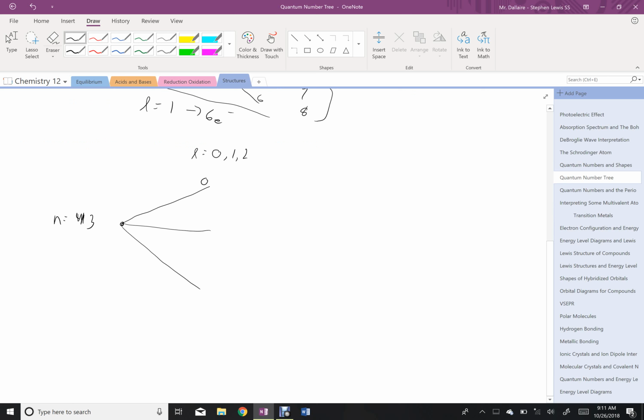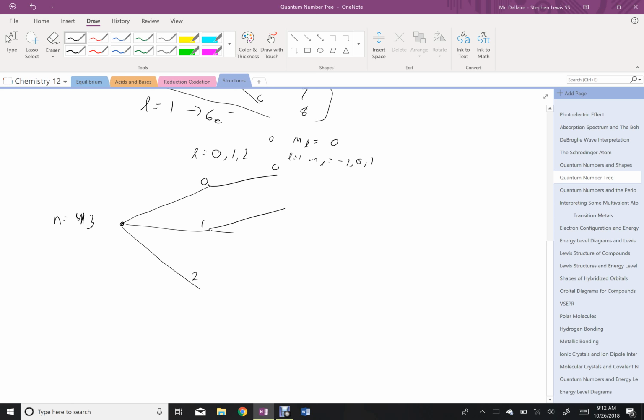So for the three possibilities, I have L equals 0, L equals 1, L equals 2. And then my ML values: for L equals 0, it can just have 1, which is 0. So just one branch up here. For my L equals 1, ML can have three values, negative 1, 0, and 1.